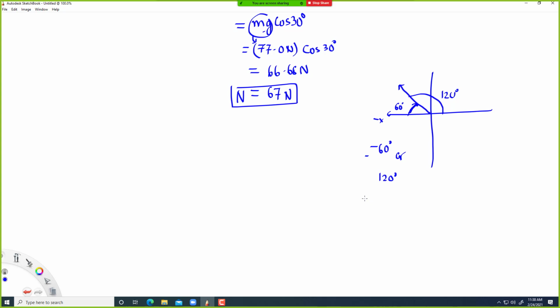Okay, so let's look at number 5. We have a box that has the weight of 300 Newton sitting on a rough surface.